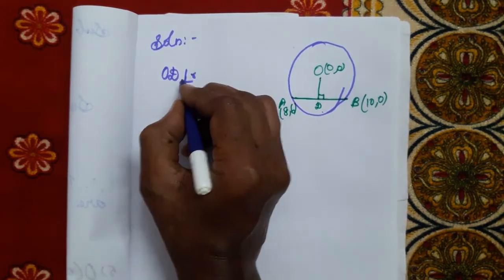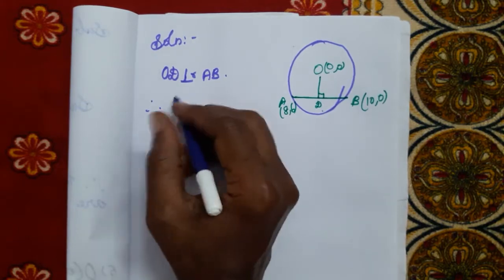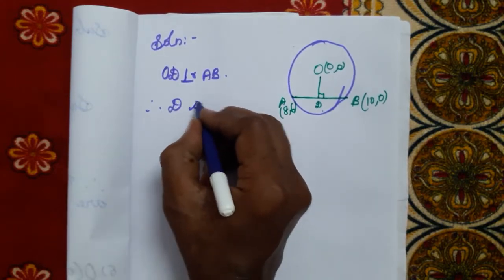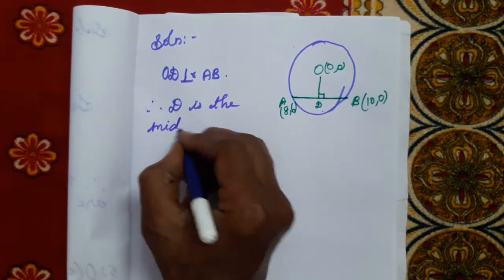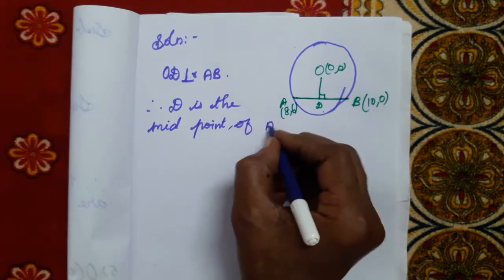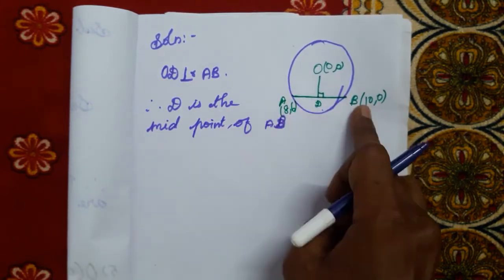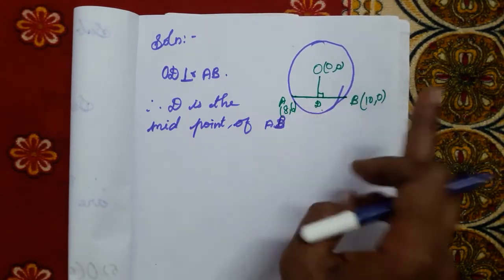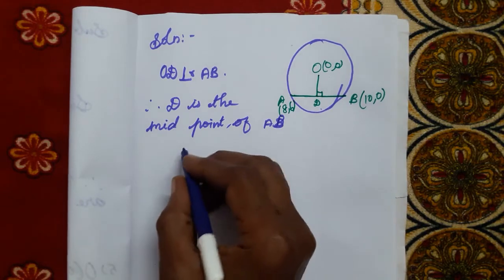Therefore D is the midpoint of AB. OD perpendicular to AB means D is the midpoint of AB.